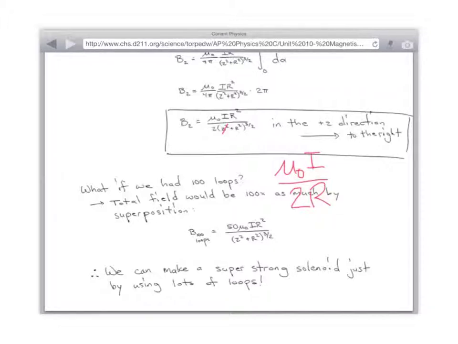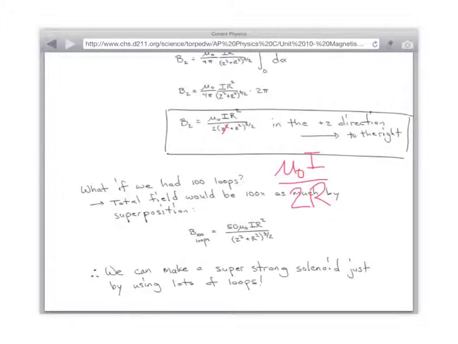So, the problem is to calculate the magnetic field from a loop of wire. And the way this problem is set up, you have a loop of wire that is oriented in the plane of the XY axis. So this is a plane, the Y axis is running vertically, and the X axis is running into and out of the page. Which means the Z axis is to the right side of the page.